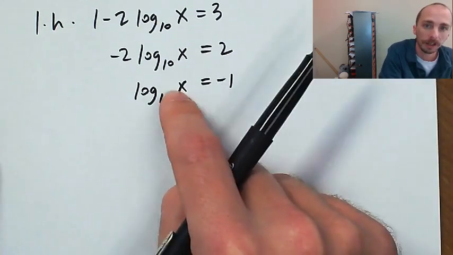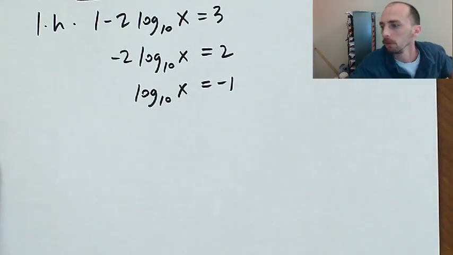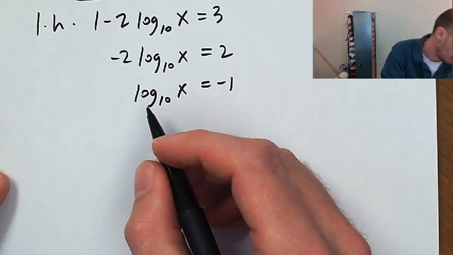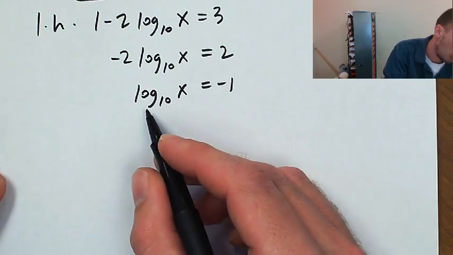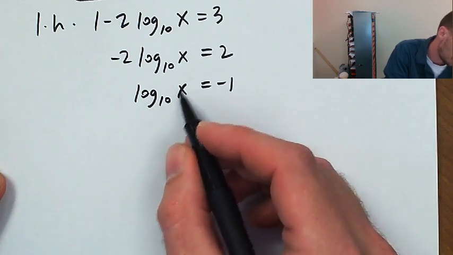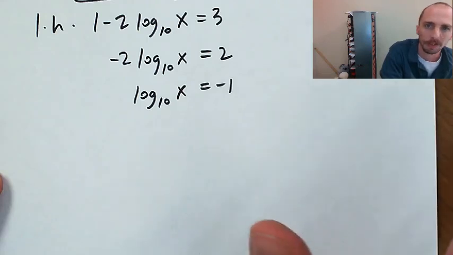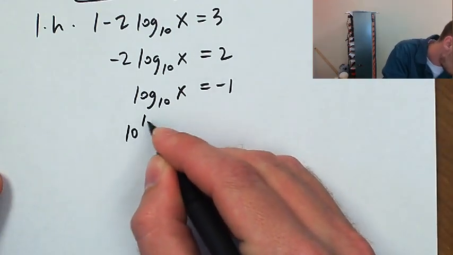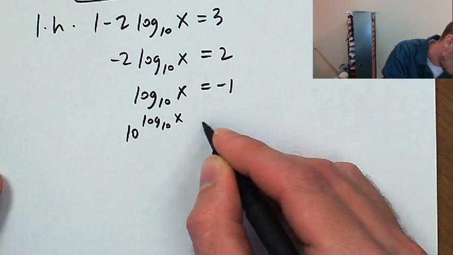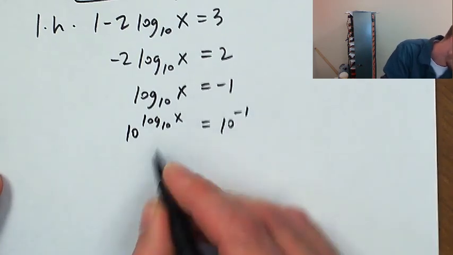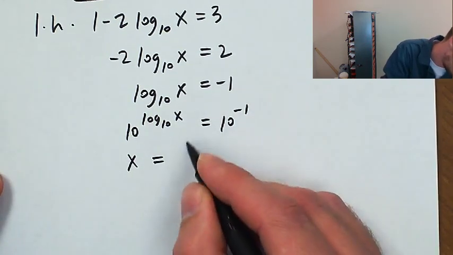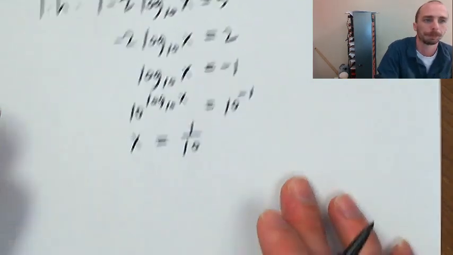It's when we're taking the log of a negative number that we run into an issue. And so I'm going to take 10 to both sides power, or I can just say, okay, x is going to be 10 to the negative 1. Okay, if you're to that point where you're just seeing that, that's fine. Okay, but if you're not, just stick to the properties and the fundamental identities. Okay, so x is going to equal 10 to the negative 1. That's 1 over 10.